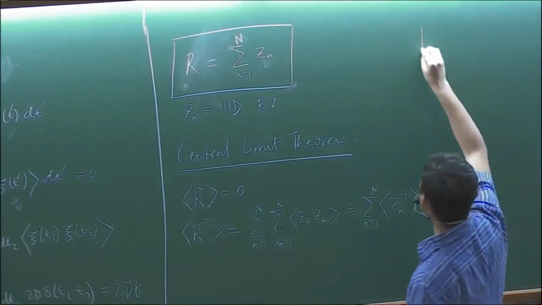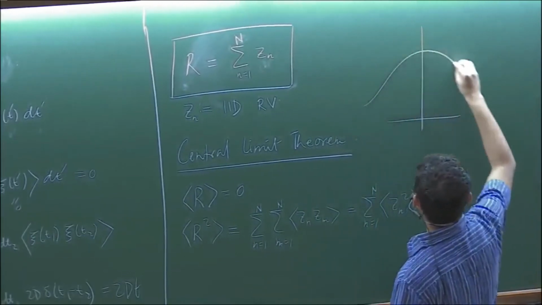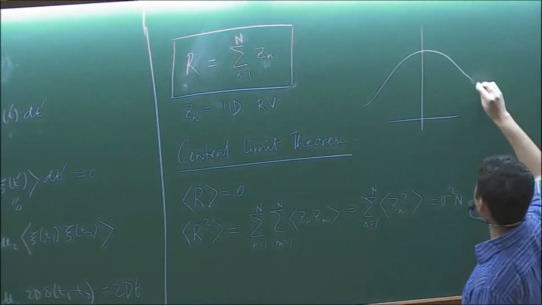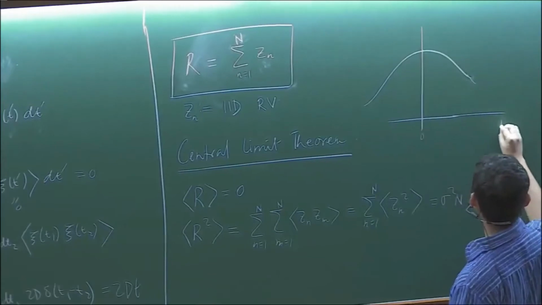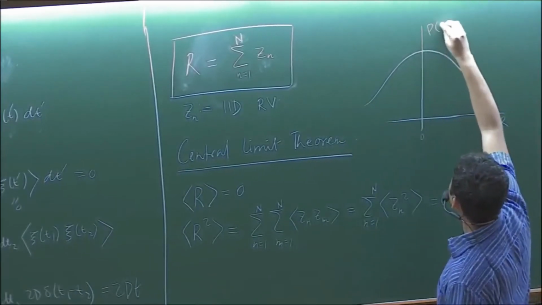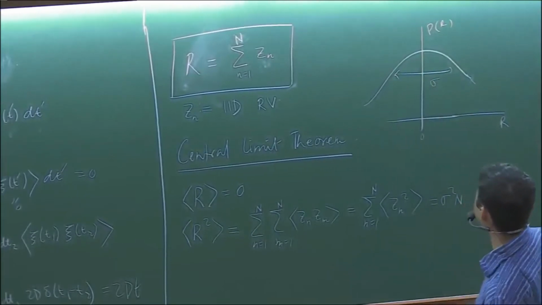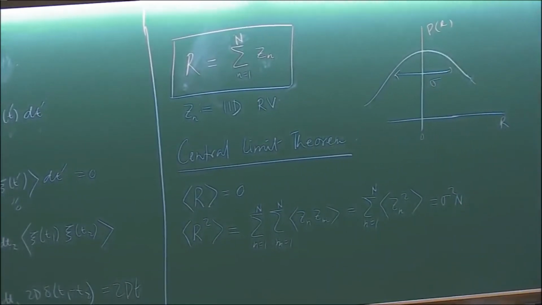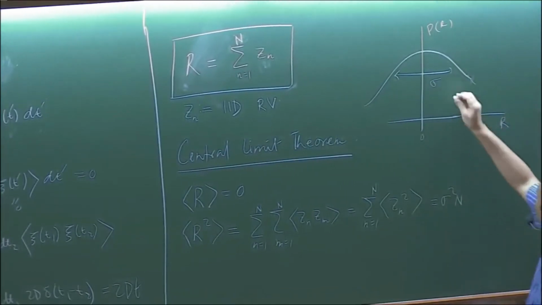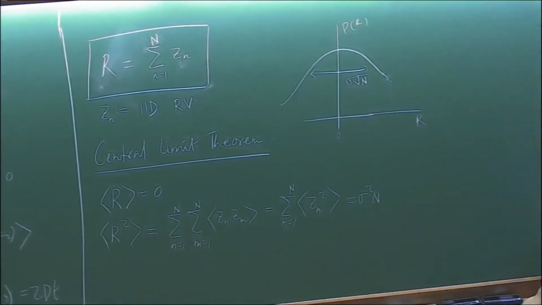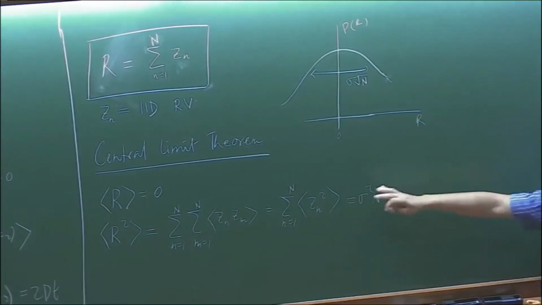P of R is some distribution. I don't know yet what this distribution is, but assuming it has some distribution, this is 0, R, P of R. It has some spread, and this spread is the standard deviation, which in this case goes like sigma root N. So this is the variance.